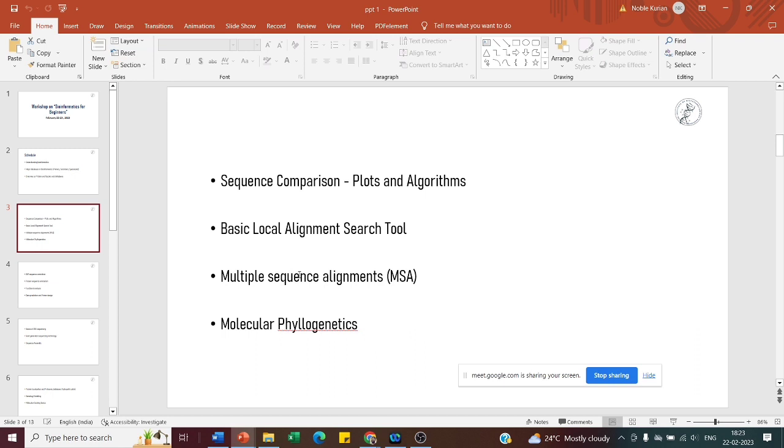By doing this multiple sequence alignment, we can find out the evolutionary relationship of the insulin gene: whether human insulin and monkey's insulin are more similar, or whether human insulin is more similar to dog's insulin than to monkey's insulin.